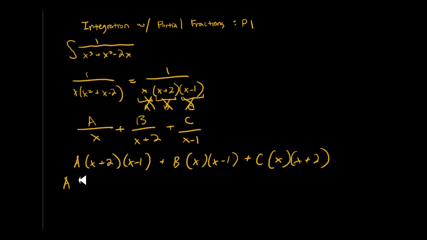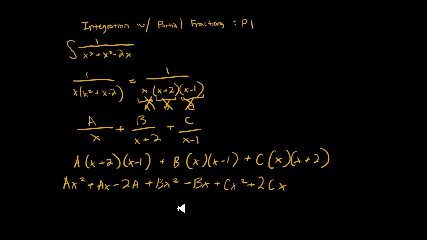Now after you keep multiplying, we have ax squared plus ax minus 2a plus bx squared minus bx plus cx squared plus 2cx.